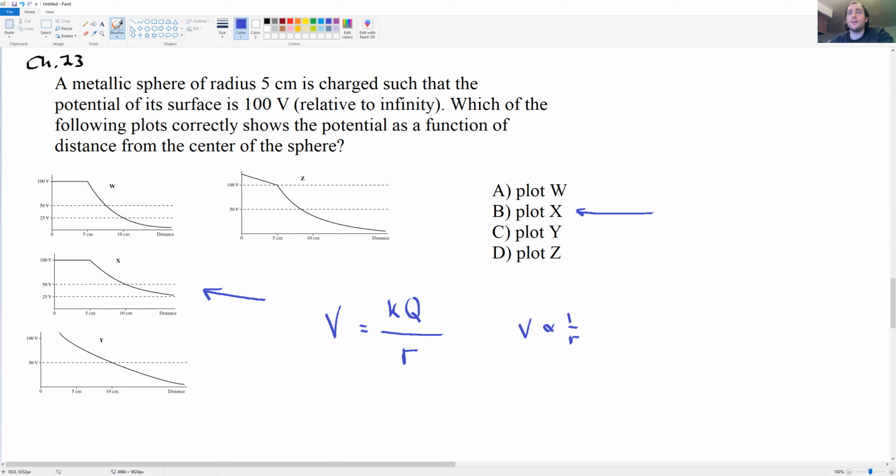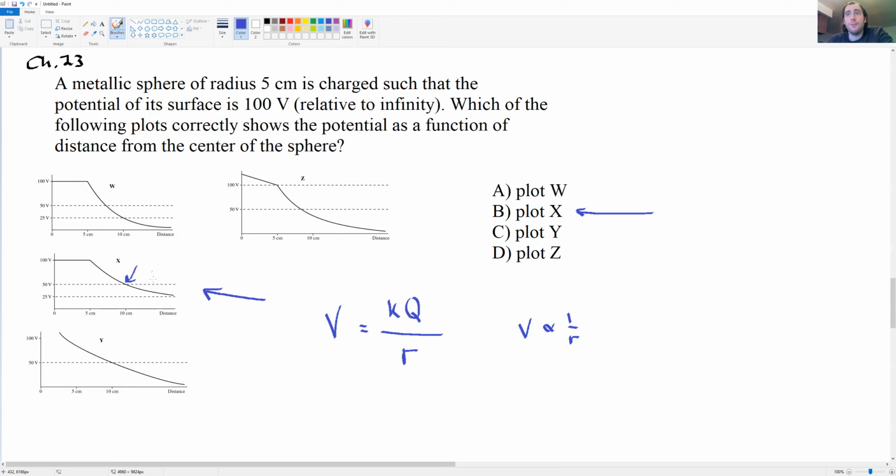And so as we get twice as far away from the center of the sphere, the potential should decrease by a factor of 2, right? This definitely encapsulates that, since the potential at 10 centimeters from the center is 50 volts.